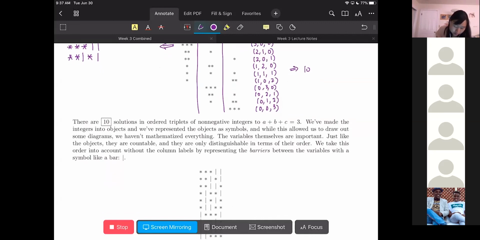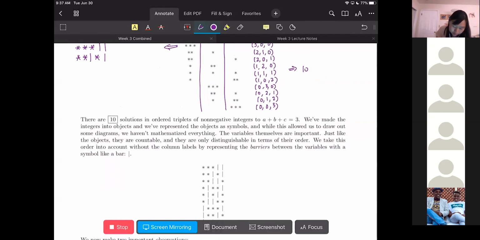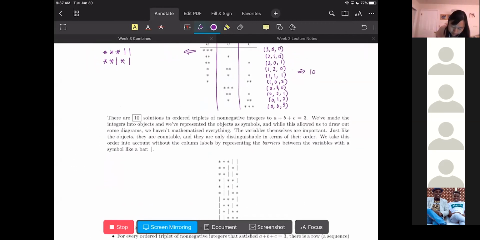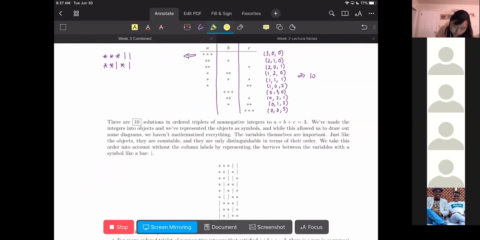And so here we've actually labeled all of them. Let me zoom out a little. So for example, here, star, star for A, then we have nothing for B, then a star. We could represent this as star, star, bar, bar, star. So basically we're representing these barriers between the variables as a symbol like a bar.